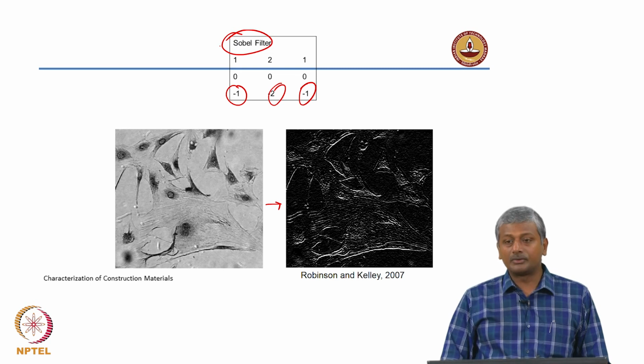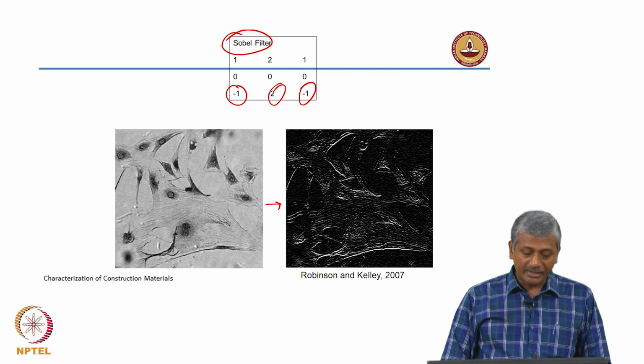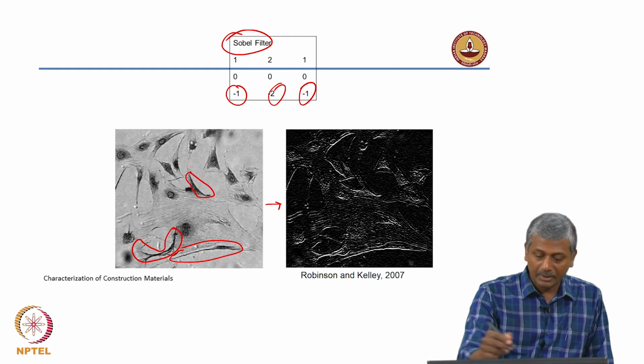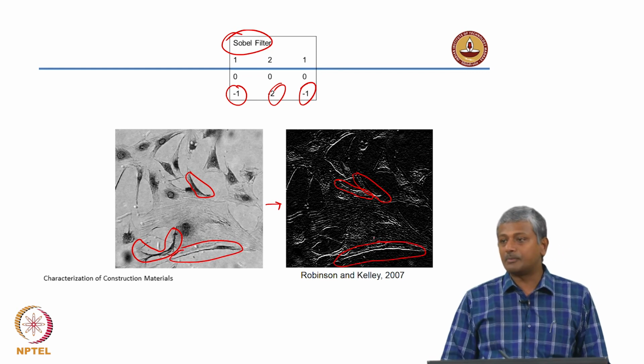What is it actually showing you? Brighter locations. It is actually showing you the boundaries, it is enhancing the boundary effects. You can see all those locations, the boundaries are all clearly visible in this image. So, it is just enhancing the boundaries between the different features in the image.